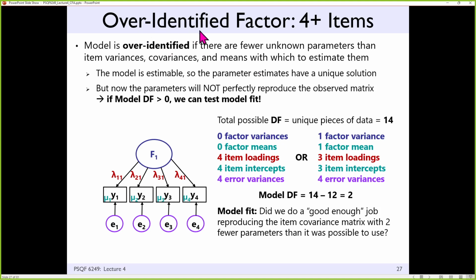So the term for this is over-identified. It's backwards from how I would think about it in terms of banking, because you're not overdrawn. It means that you have more money in your account than 0. You have money left over. You have 2 monies left over, whatever parameters is.